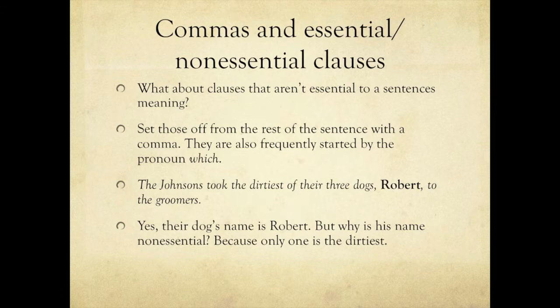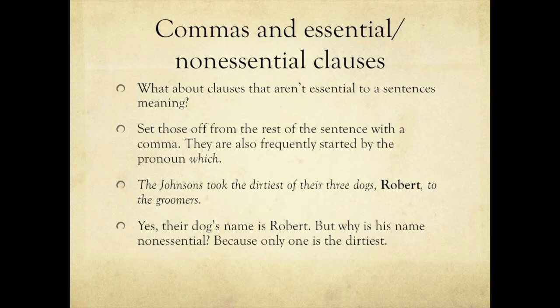Well, we start these off with "which," and we also separate them from the sentence itself with commas. And if they appear in the middle of the sentence, we've got to remember to put those commas on both sides, right? So here's an example. The Johnsons took the dirtiest of their 3 dogs, Robert, to the groomers. Okay, this is a non-essential clause, but in some of them we don't actually set off with "which," and this is an example of one of those. And this is the reason why this is non-essential here.